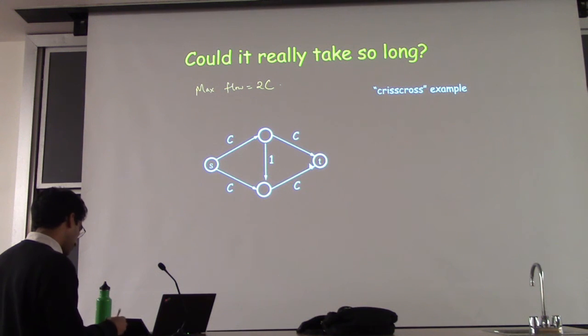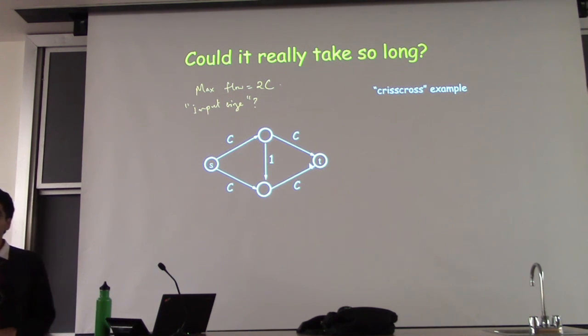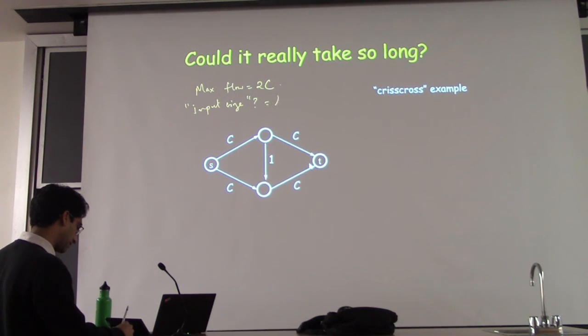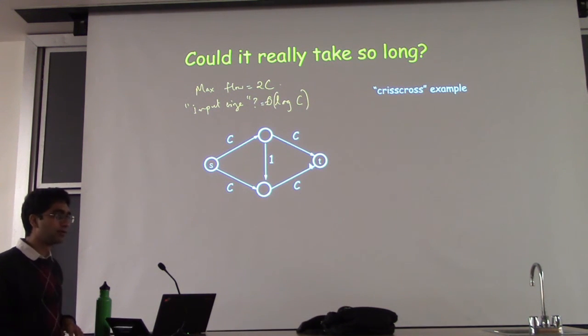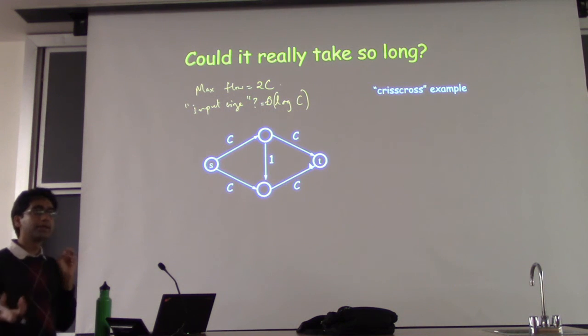And what is the input size? It's log of C. It's just 4 times log C or whatever, so O of log C. This is how much space you need to write out the input.